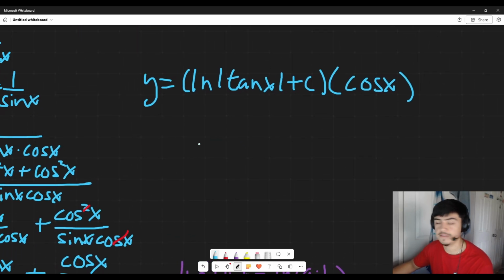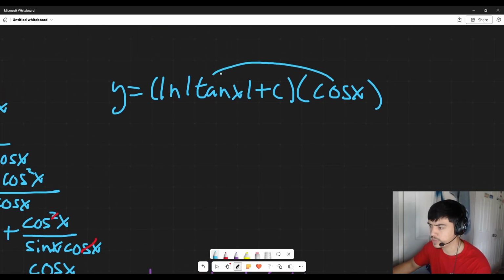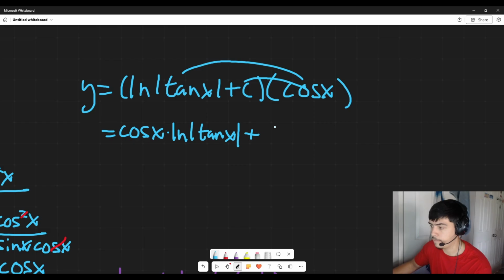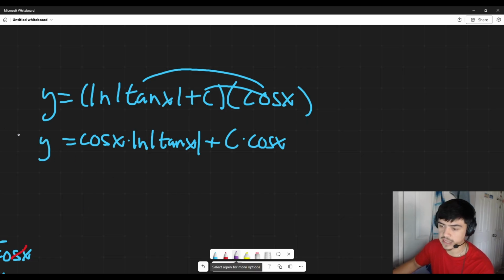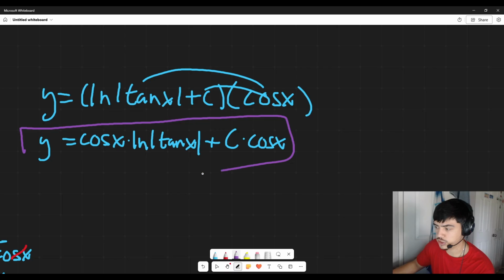Now, that's the final answer. We're going to go ahead and just make it look cleaner by just foiling this in, giving us cosine x times natural log of tangent x, and then plus just c times cosine x. And that right there is our final answer.